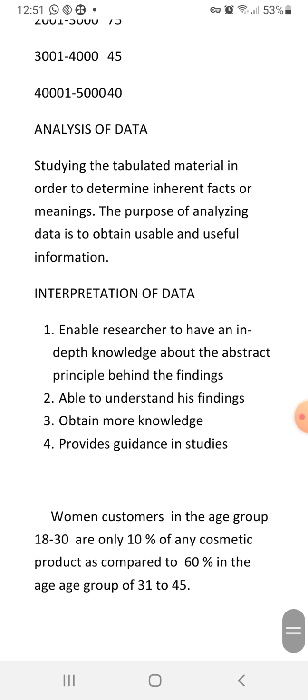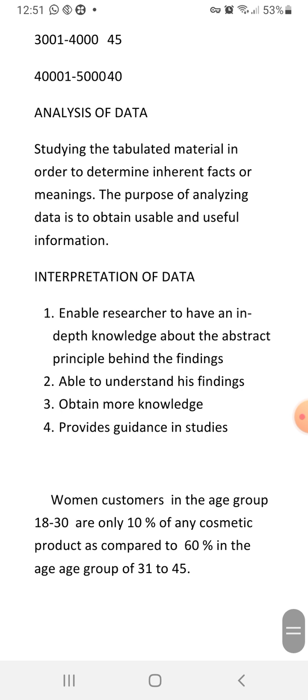Then the final step is the interpretation of data. On the basis of the analysis, we can interpret and give a clearer picture about the data collected. It enables the researcher to have an in-depth knowledge and to understand his findings. Interpretation means giving some meaning to the analysis.